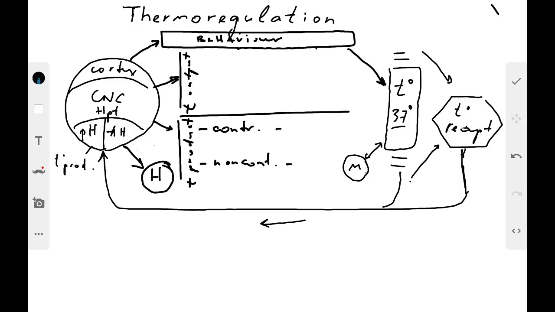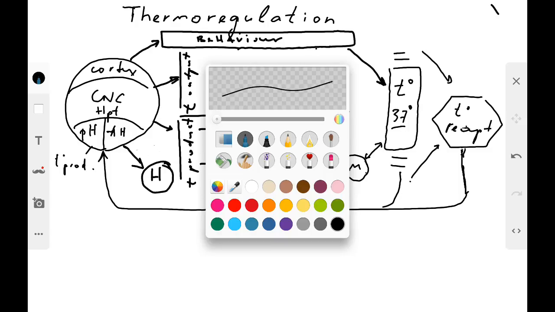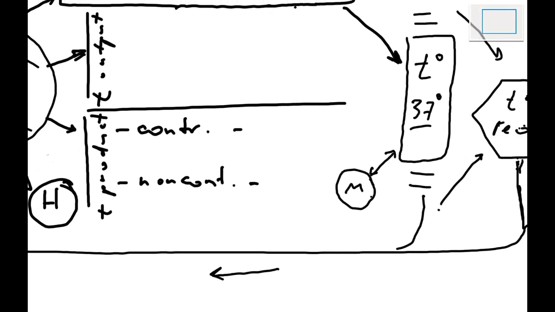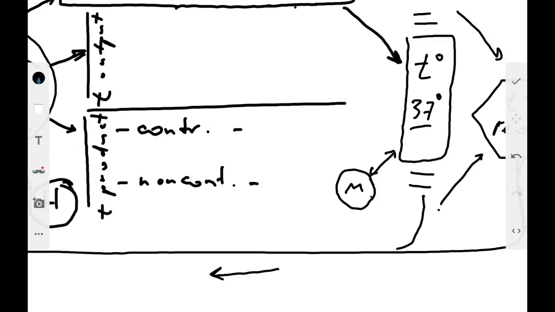Okay, contractile mechanisms. They involve voluntary muscle contractions that belong, as was already said, to the behavioral type of mechanism. Another type is shivering, which increases the thermal production at cold temperature very intensively.